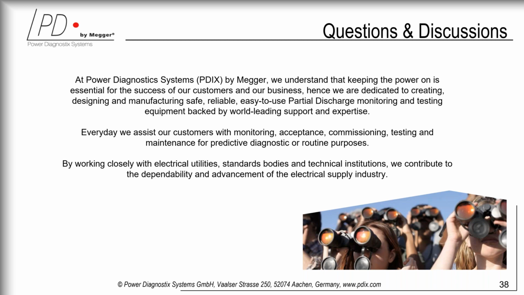If the transformer is just healthy, there will be no partial discharge or no significant partial discharge to be examined. So we need to have an online monitor that sits there from the inception, meaning from the moment the transformer has been installed, all the way to its end of life. You've seen the bathtub curve. During the initial period, chances to find PD are higher than during the middle life, and then towards the end of life, again, they are high.